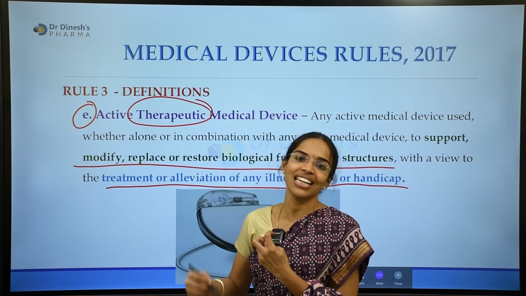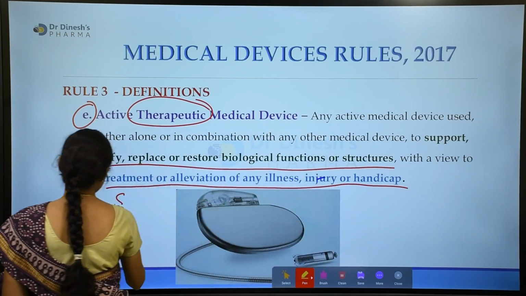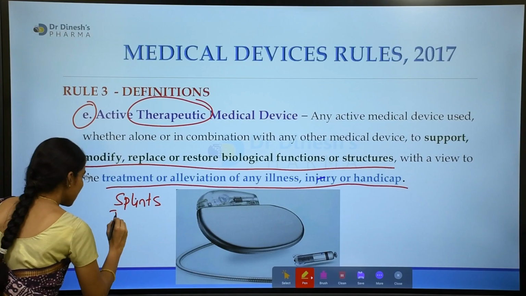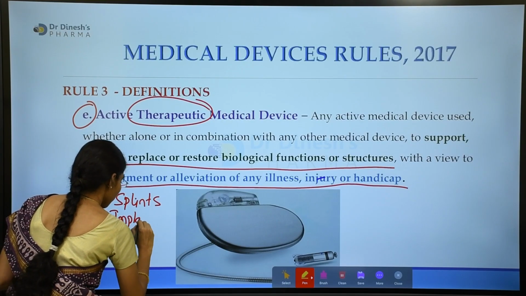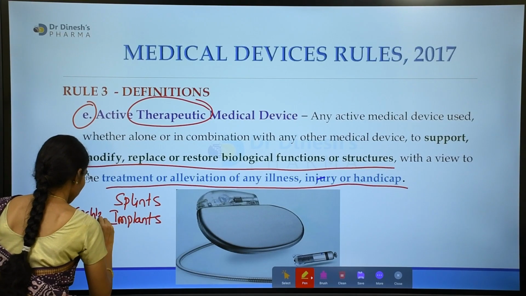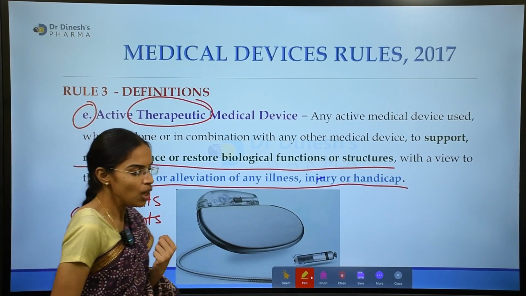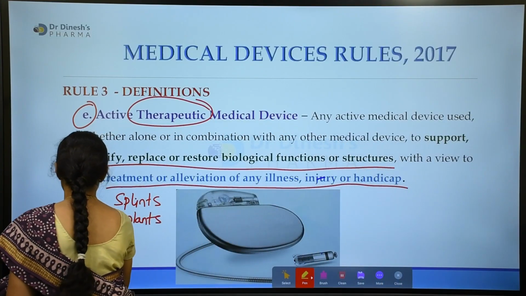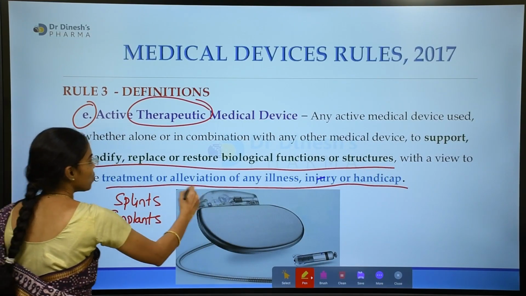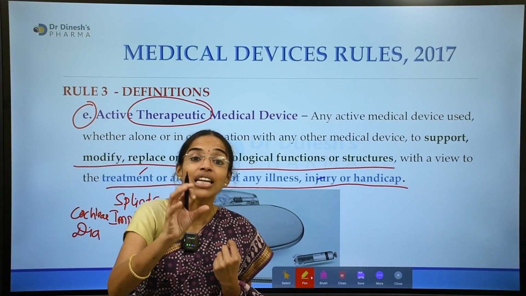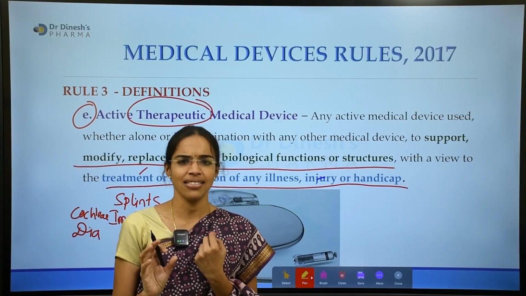Certain medical devices like splints, implants, especially cochlear implants, and dialysis machines. Because they are used in the treatment or alleviation of the illness, right?